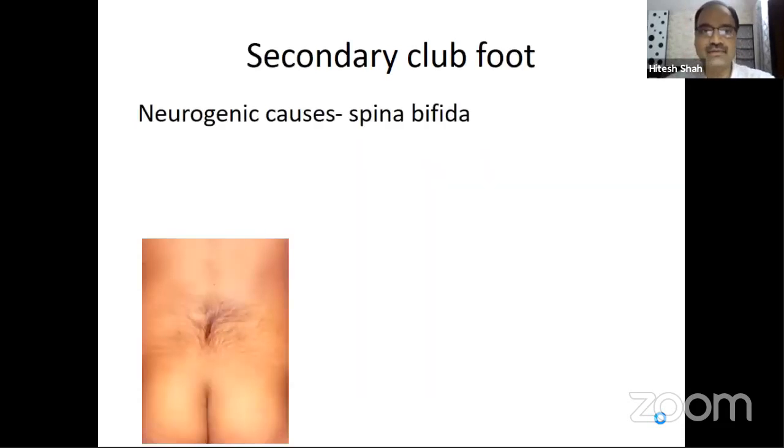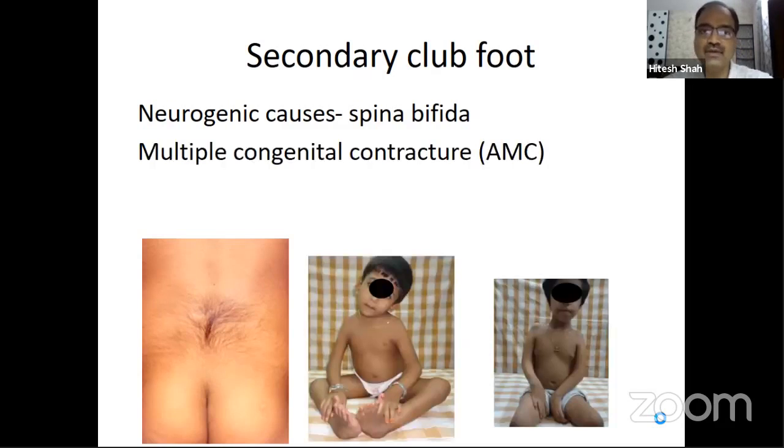It is very common to have spina bifida, so always look at the clinical examination of the spine, a tuft of hair or a palpable defect on the back, to find out whether it is associated with spina bifida or spinal dysraphism. Very commonly, congenital clubfoot is associated with arthrogryposis multiplex congenita, or, by its recent name, multiple congenital contracture.